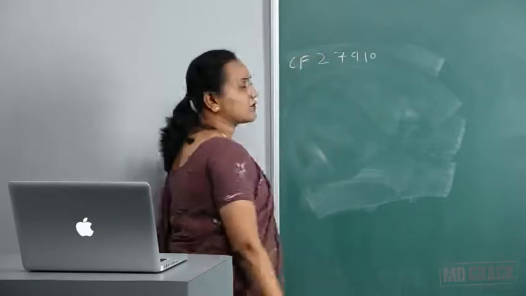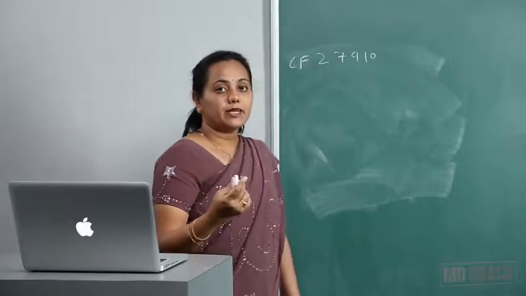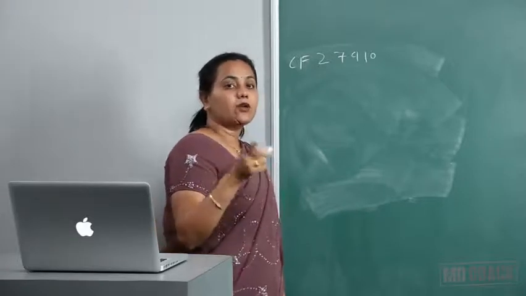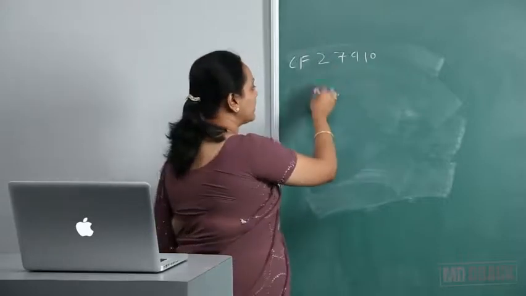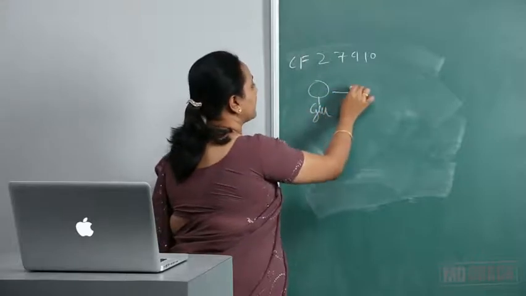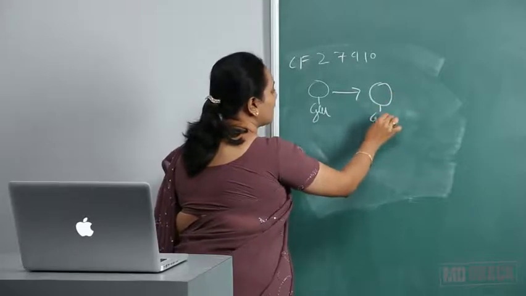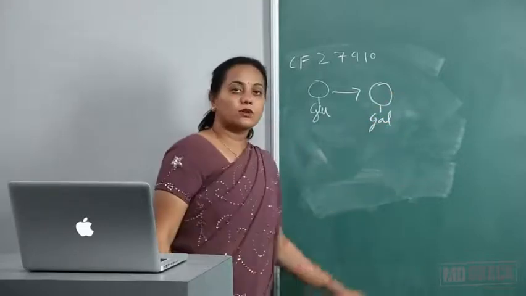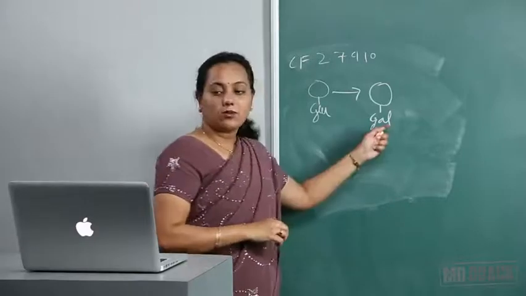Now all these clotting factors are vitamin K dependent. What do I mean by vitamin K dependent? Vitamin K causes post-translational modification of these amino acids, and in the protein whatever glutamate residues are there are converted to gamma carboxyglutamate residues, also called GLA. Okay, so it is gamma carboxylated.